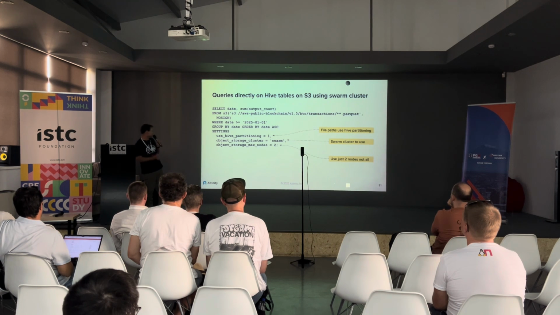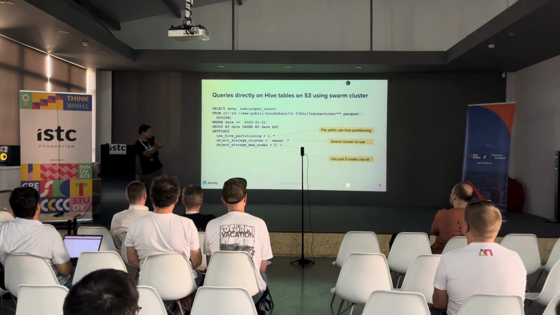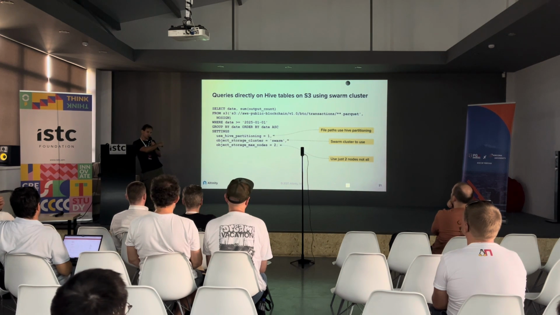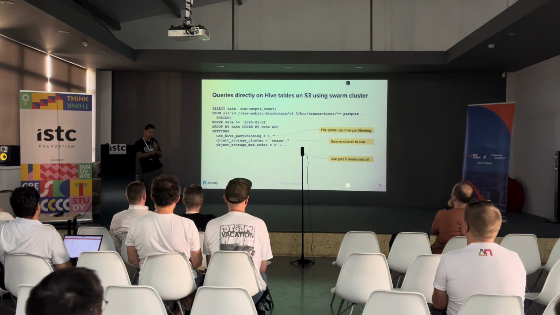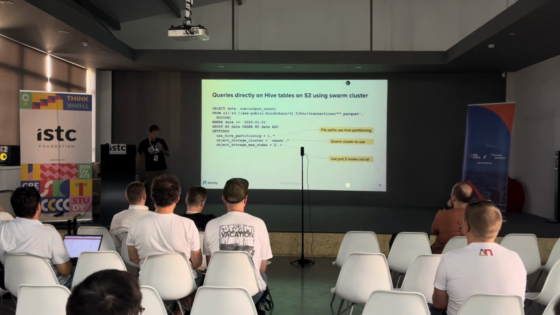How it works: this is ClickHouse SQL, and you have a query that queries data from the public history bucket, and in order to extend it to swarm, you just add a setting. You don't need to rewrite the query, just add a setting, and it will automatically offload the query to your swarm cluster. So you don't need to do any changes to the main cluster, just offload using settings.